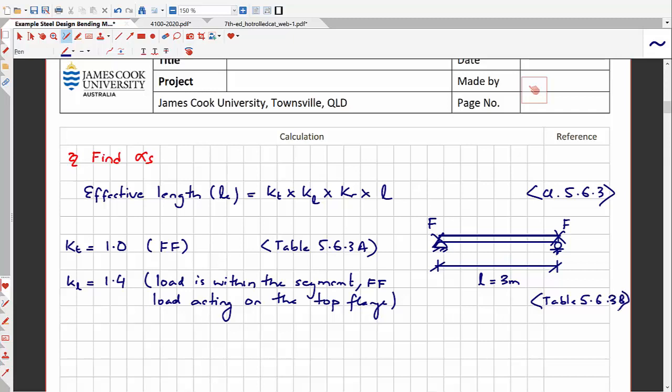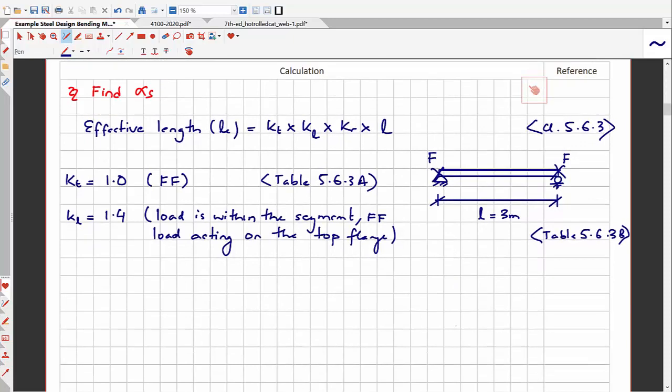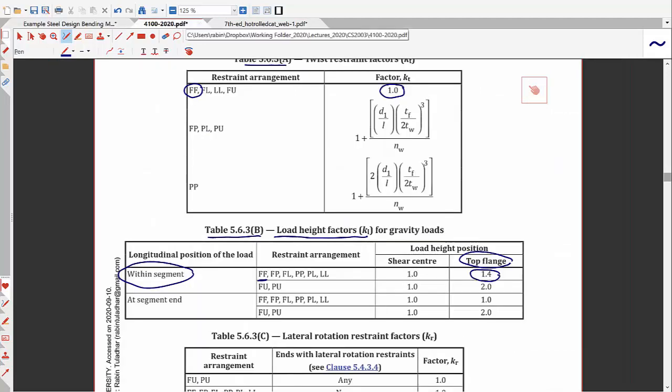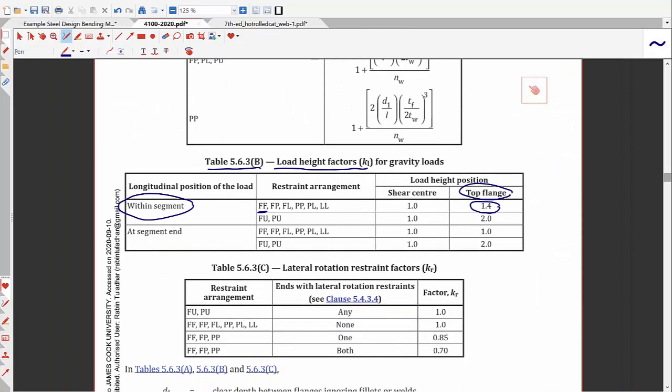Now the third factor that we need is the KR factor. Let's have a look at the KR factor from AS4100. The KR factor is the lateral rotation restraint factor. If you look from the top view, this is your beam. It has FF support, yes, but the beam can still rotate in a lateral direction. So there is no lateral rotation restraining in this case, so it is none.